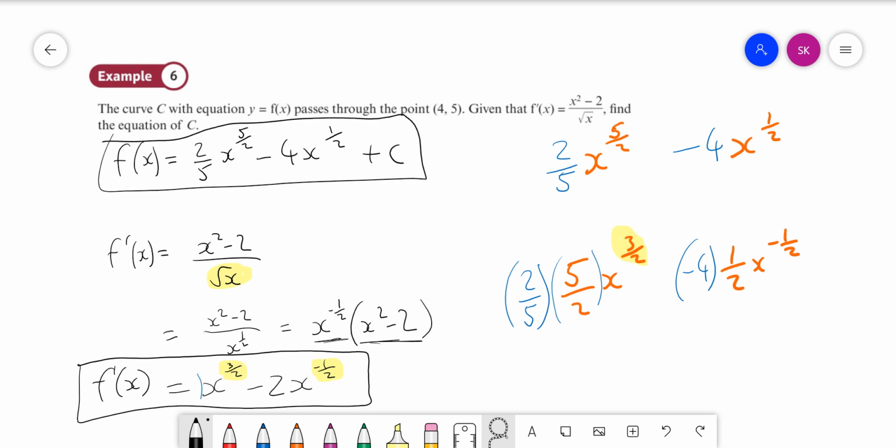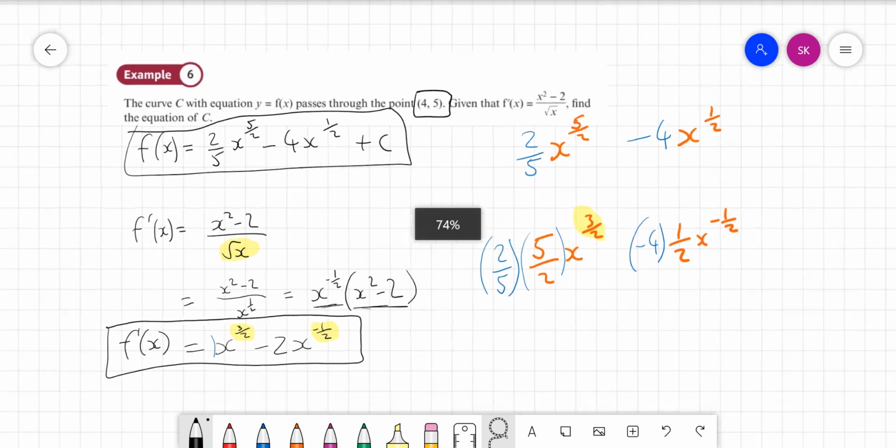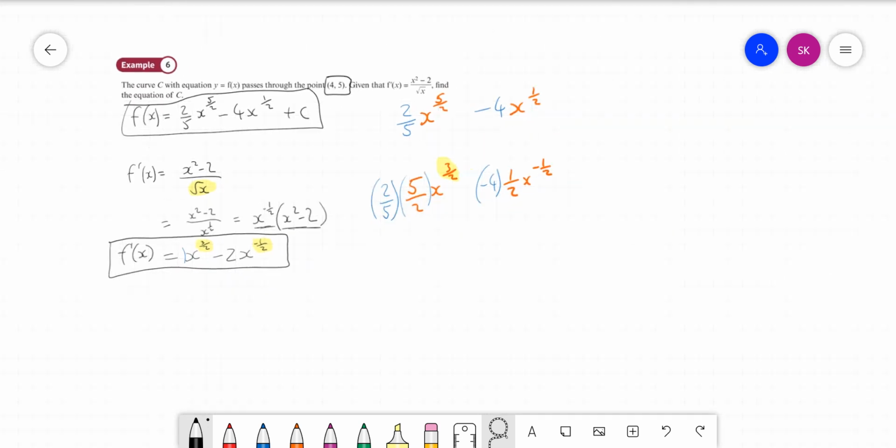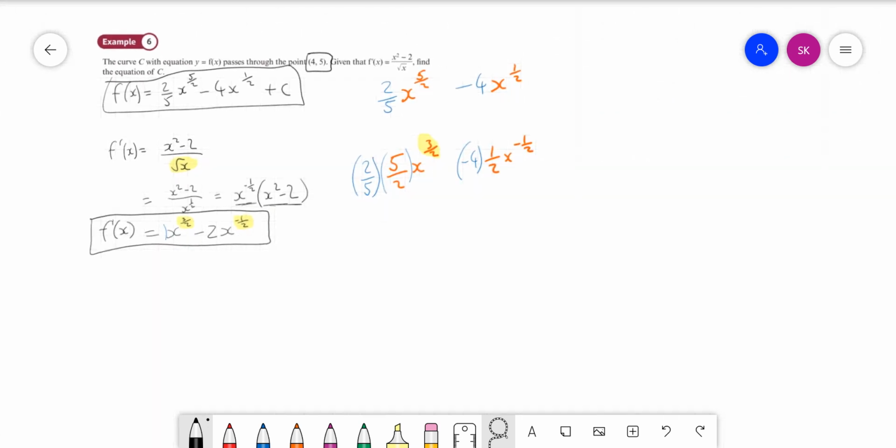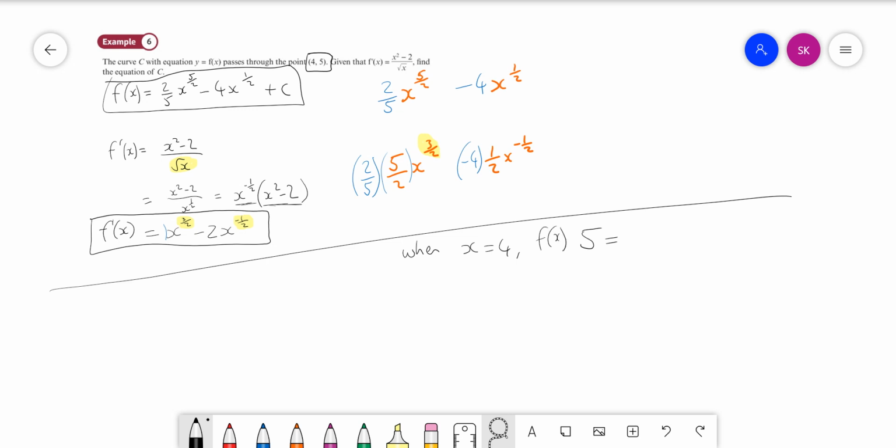But today's video is about finding the specific function that passes through this point. So now that I've got f of x and I'm given the point 4, 5, I'm going to substitute x is 4 and y is 5 into that function. So when x equals 4, f of x equals 5.